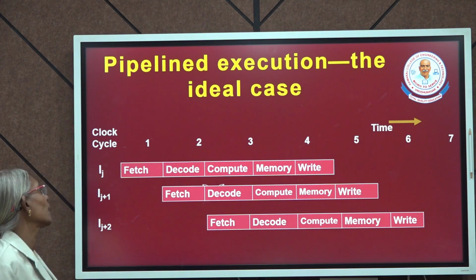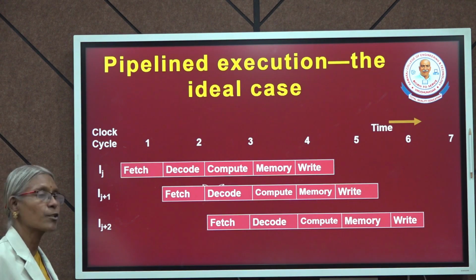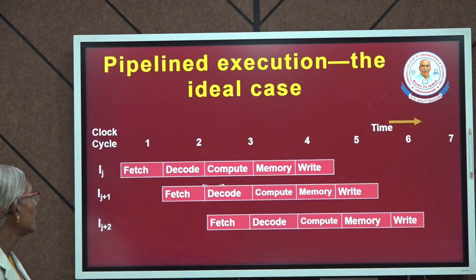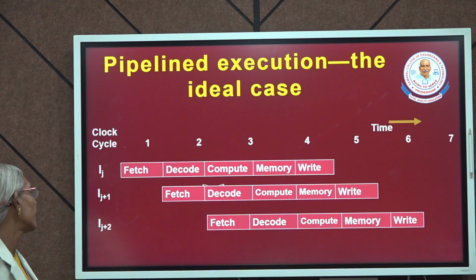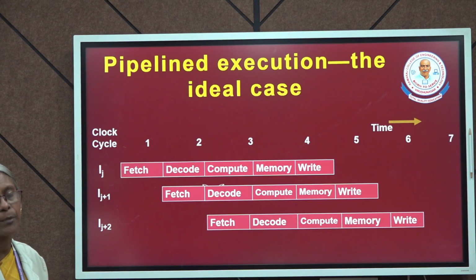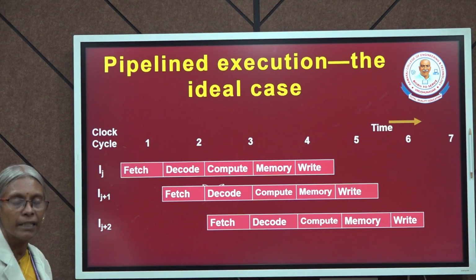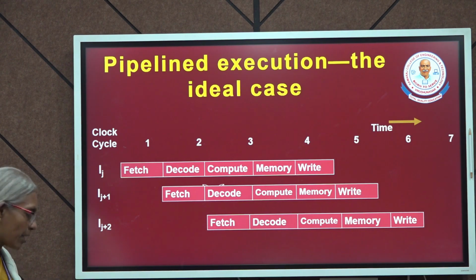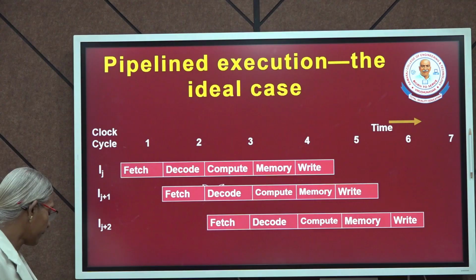During the third clock cycle, computation of Ij takes place, decoding of Ij plus 1 takes place, and fetching of Ij plus 2 takes place. This is the idea in the computing system, and this is the ideal case.